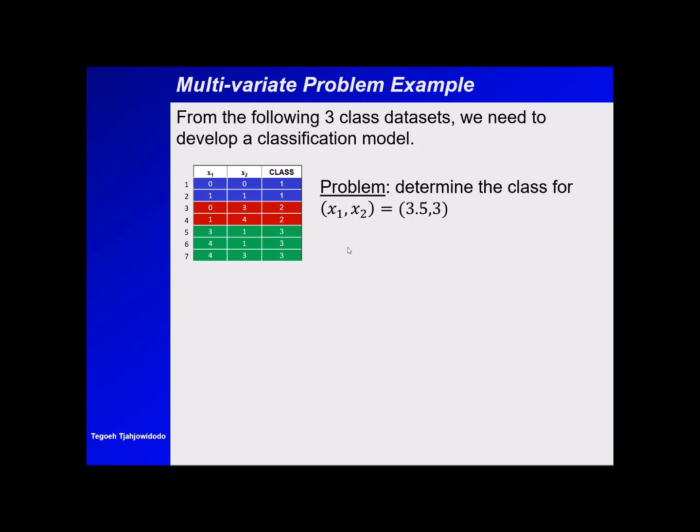Now the problem again here, I need to determine the class for this data, where x1 is 3.5 and x2 is 3. Let's take a look at the data first. The data set that belongs to class 1 has inputs (0, 0) and (1, 1).